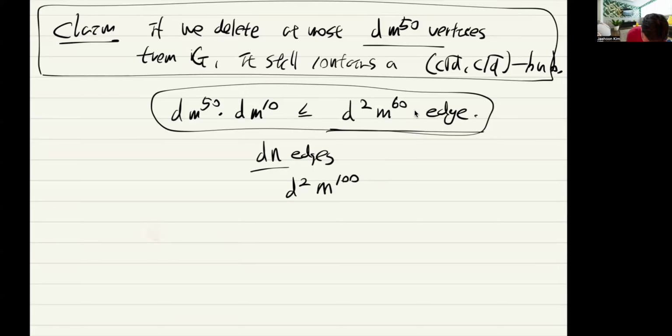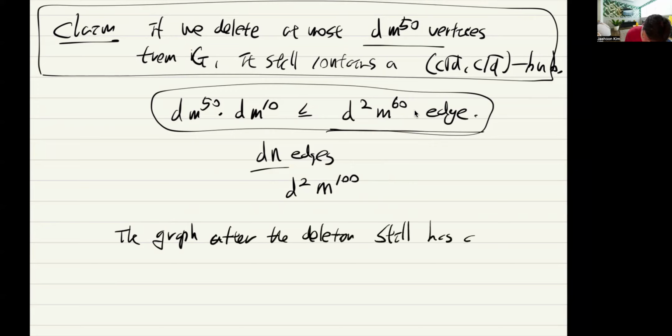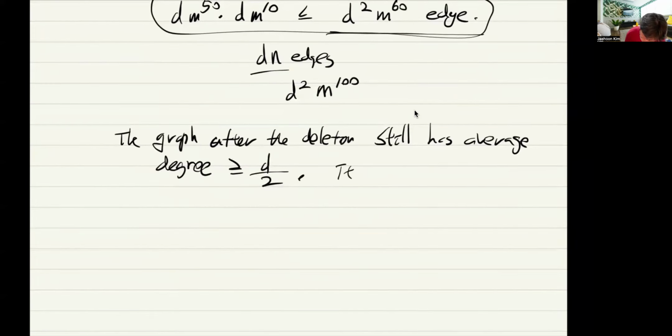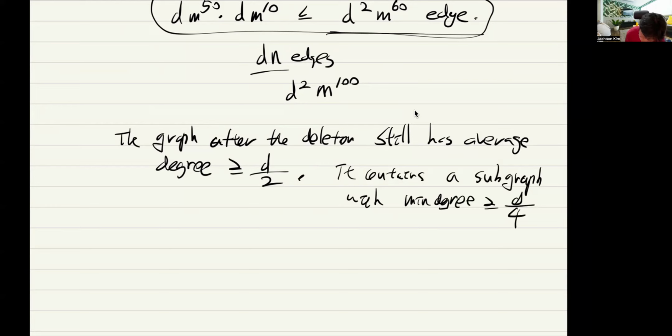So G, the graph after the deletion, still has average degree at least d over 2. Then what we know is that it contains a subgraph with minimum degree at least d over 4.